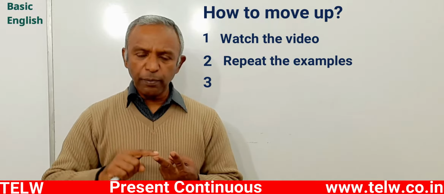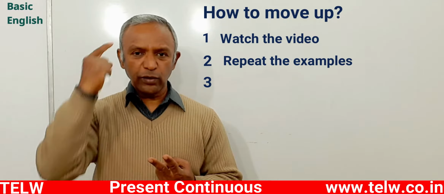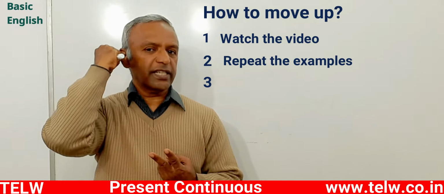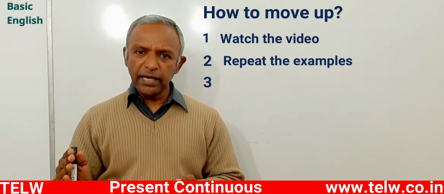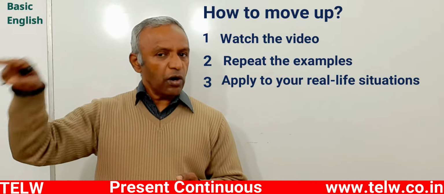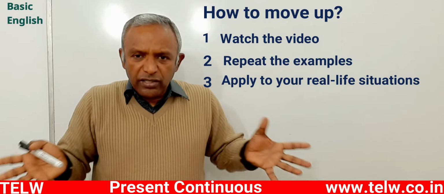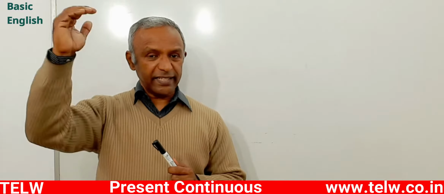Pause the video, repeat them once, twice, thrice, as long as it takes for you to get that here, and it should stay there. Then, after watching the video completely, apply what you have learned in this video to your real world situation, your immediate surroundings, your work environment. You've got to watch all the videos in this basic English playlist to move to the next level.